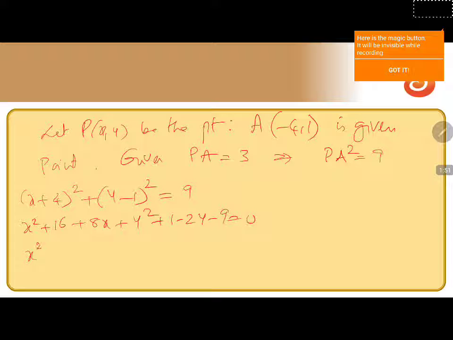So it is x square plus y square plus 8x minus 2y plus 8 is equal to 0.